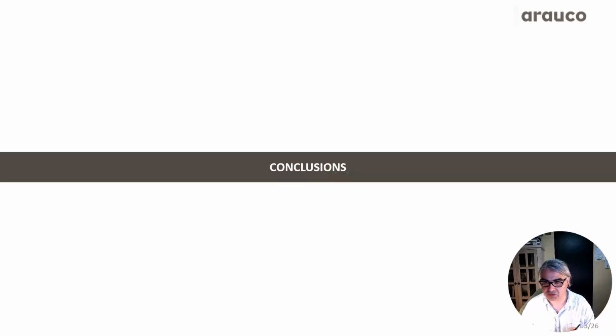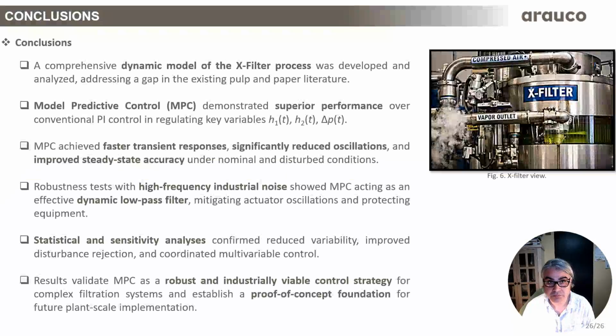With this simulation result establishing the dynamic and robustness advantage of MPC over PI control, we can now summarize the key conclusions and implications of this work. To conclude, this work presents the first dynamic modeling and MPC-based control study of the X-filter process. The results clearly show that MPC outperforms traditional PI control in terms of speed, stability, and robustness, especially under high-frequency disturbances.